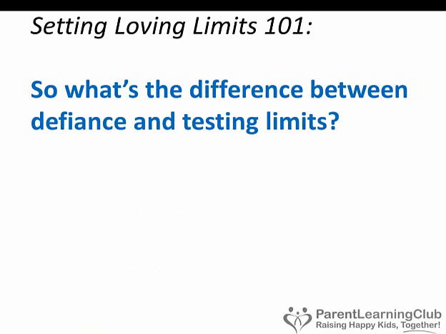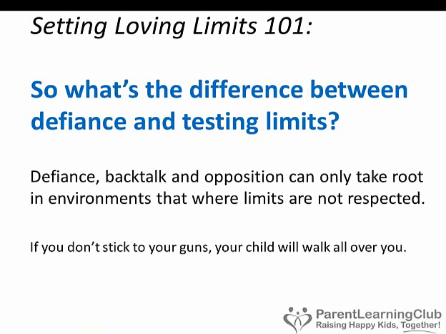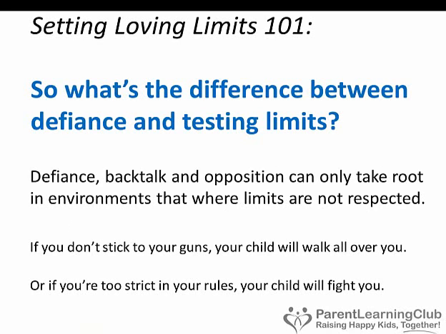So what's the difference then between defiance and testing limits? Defiance, backtalk, and opposition can only take root in an environment where limits are not respected. All right? This is a big one to understand. So if you don't stick to your guns, your child will walk all over you. Or if you're too strict in your rules, your child will fight you. Okay?